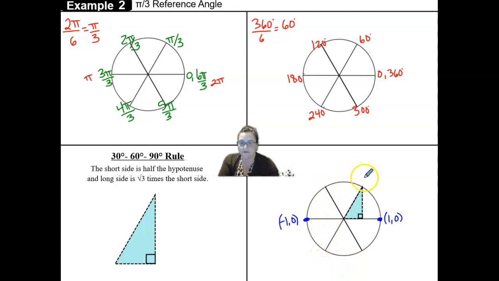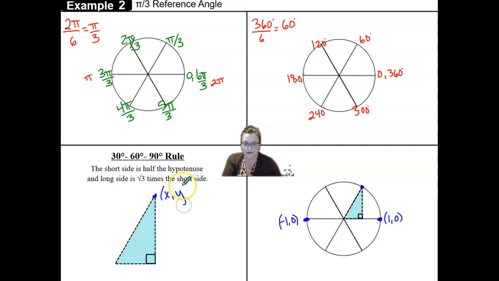So we do want to find the coordinate for the pi over 3 reference angle in quadrant 1. If we create a reference triangle by dropping a perpendicular down to the x-axis, and we pull that reference triangle out here to the side, the coordinate that we're looking for is (x, y).